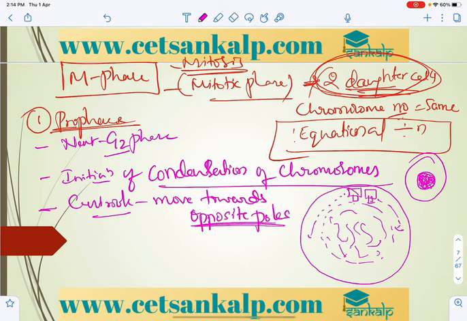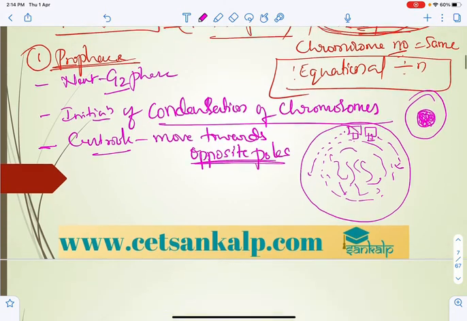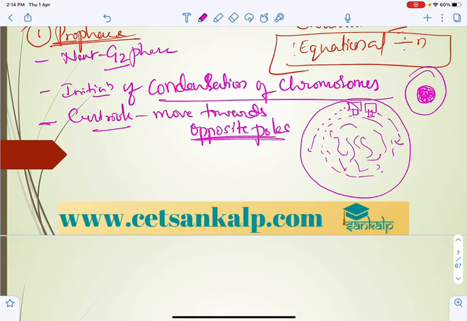When the chromosomes condense, we can see chromatids appear.